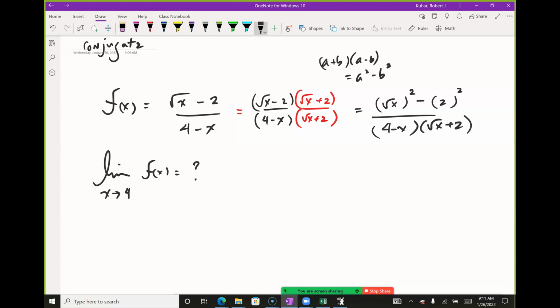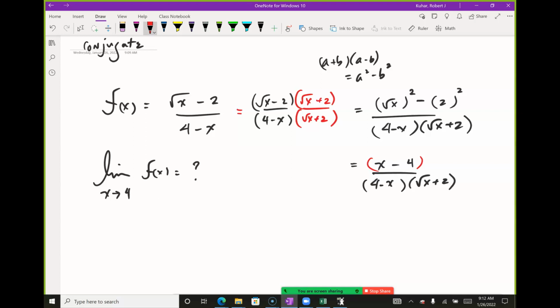I'm doing that algebra quickly because I think it should be a review, but you let me know. Again, my chat is open if you don't want to say it out loud. So I get x minus 4 all over 4 minus x times square root of x plus 2. And I notice that I have factors that are opposite of each other.